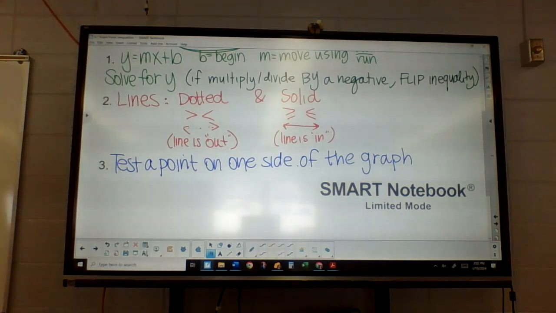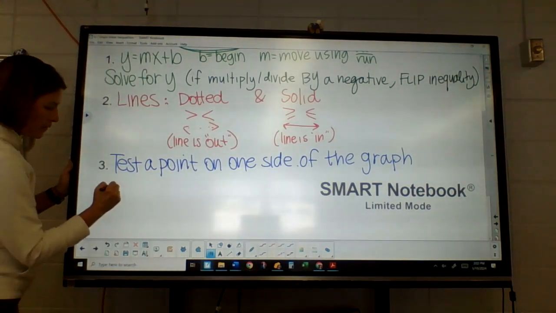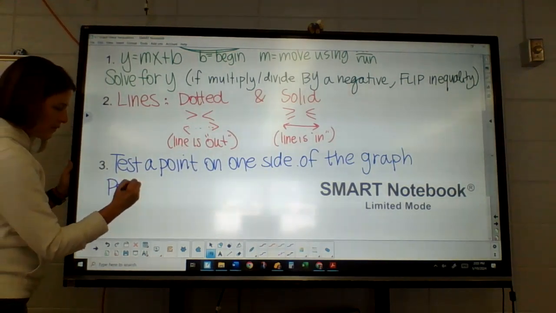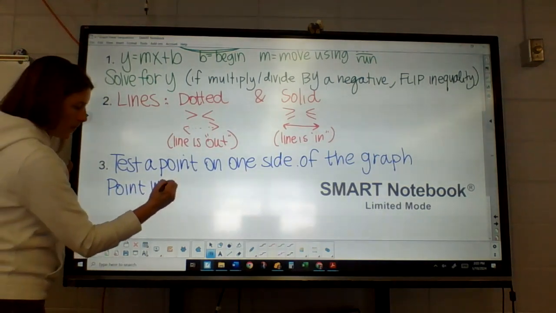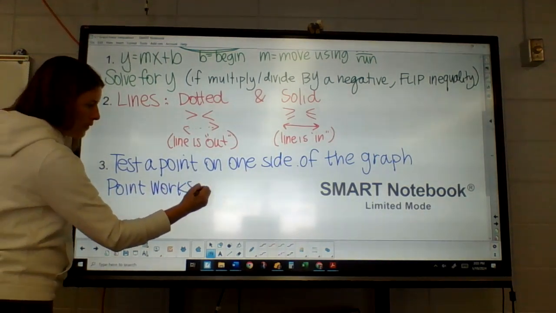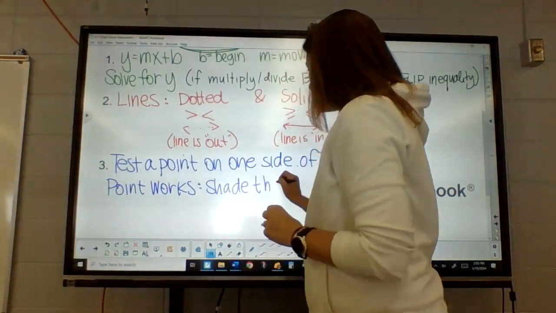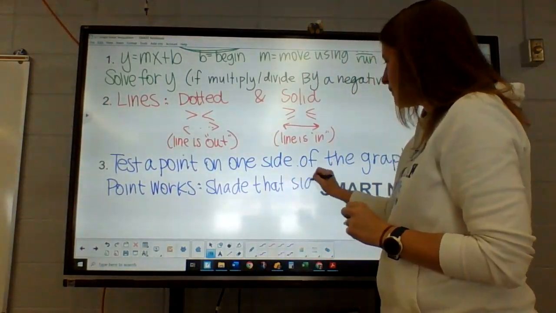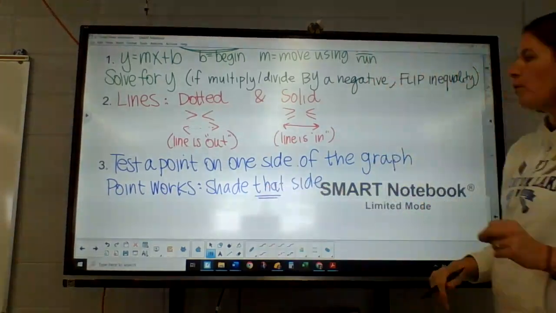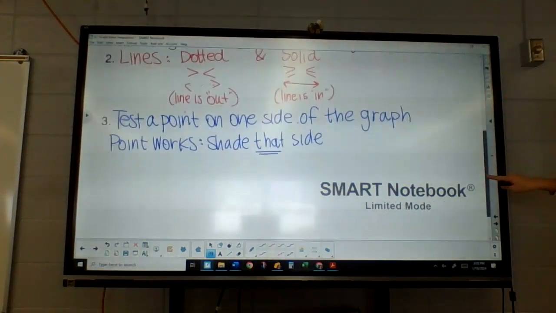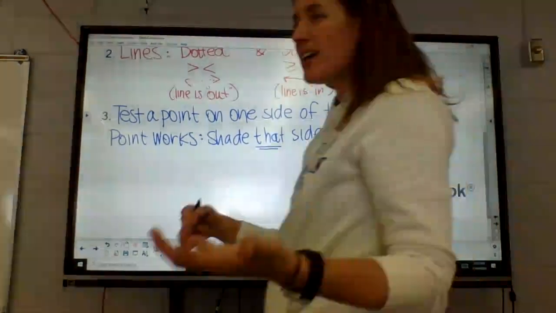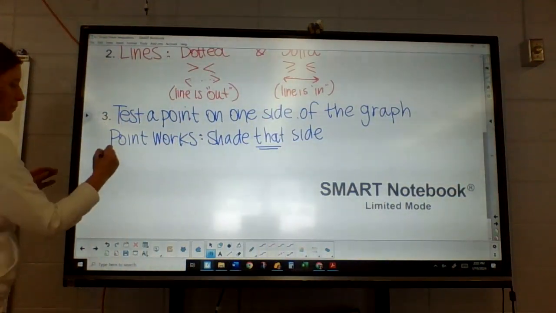So it's kind of like lightly shade that side. If the point doesn't work, we're going to shade the other.